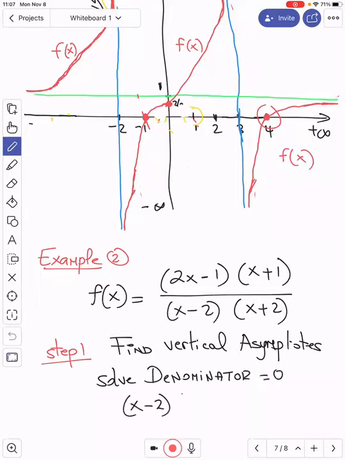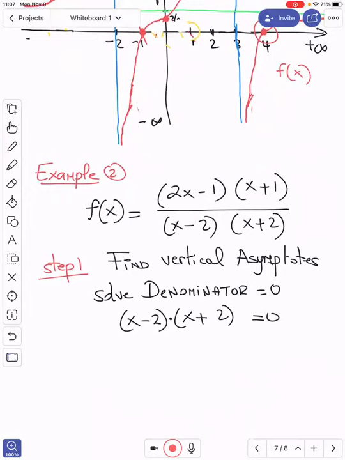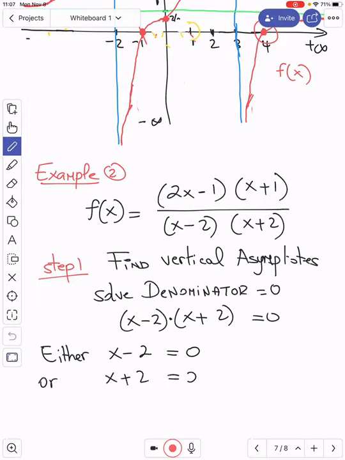So that's x minus 2 times x plus 2 equal to 0. So either x minus 2 is 0, or x plus 2 is 0. Okay, so then this is x equal to positive 2, or x is equal to negative 2.